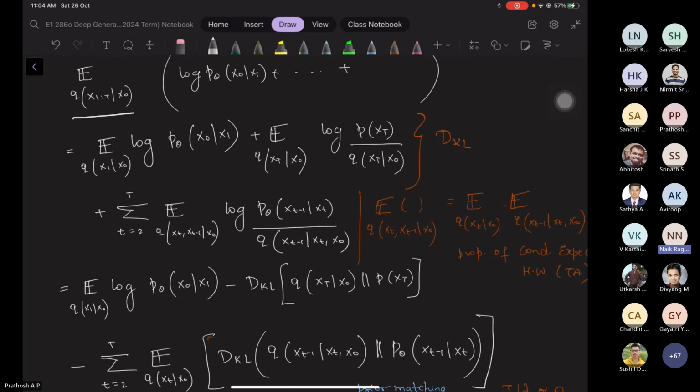But the log term, the numerator term, depends on xt minus 1 given xt. But the outer expectation is with respect to x1 to t given x naught, correct? Now, what terms can we drop in x1 to t is the question.